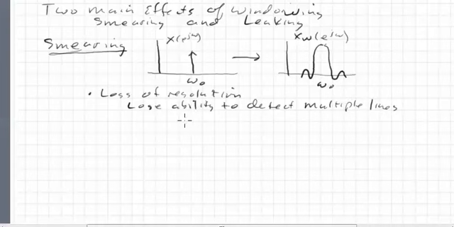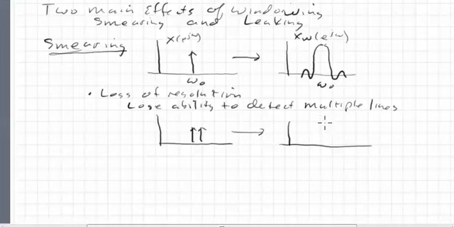As you can imagine, if there are, say, a line here and a line here, and we observe it over a finite time period, what we're going to wind up with is two sinc functions, that one and then one right next to it.